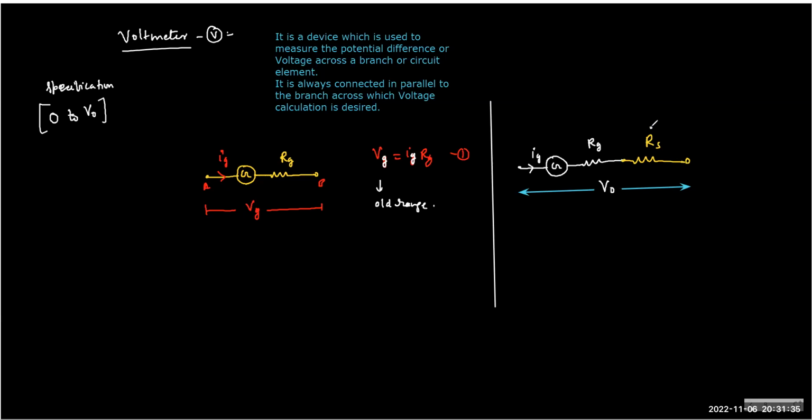So you will increase the shunt as per the requirement, because our job is just to reach the V0 value, which may be 30 volt, 20 volt, 50 volt. So now V0 we can write as how much? What is V0, guys? Tell me.